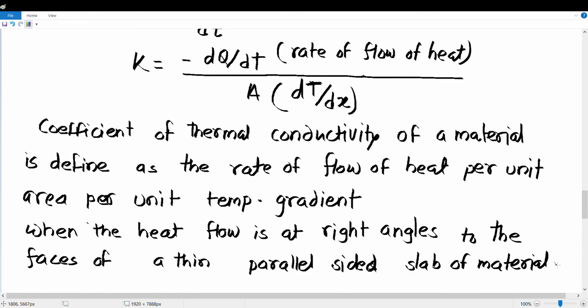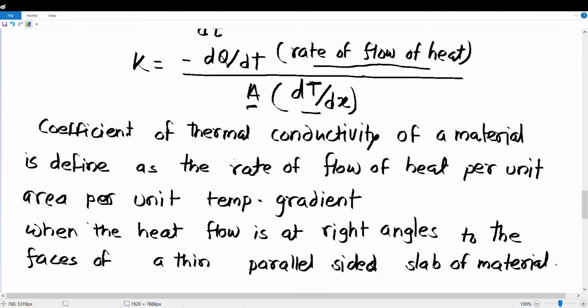So this is the alternative definition of coefficient of thermal conductivity. The coefficient of thermal conductivity of a material is defined as the rate of flow of heat per unit area per unit temperature gradient when the heat flow is at right angles to the faces of a thin parallel-sided slab of material.